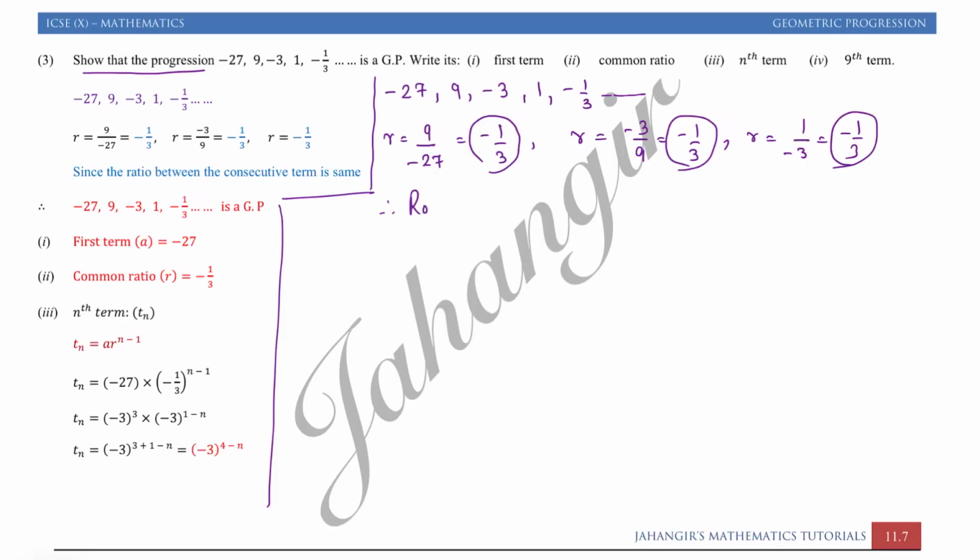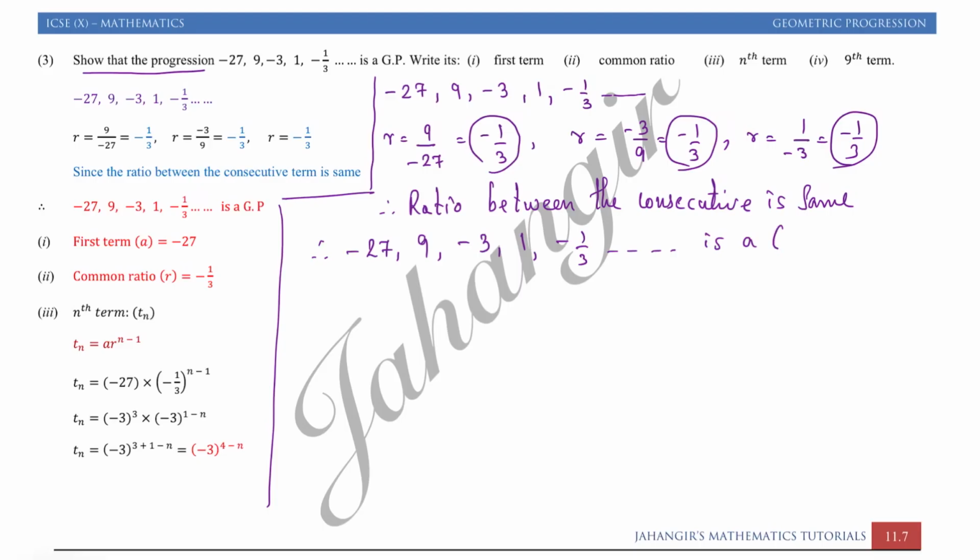So we will write, since the ratio between the consecutive terms is same, therefore I can say minus 27, 9, minus 3, 1, minus 1 by 3 is a GP. So therefore first question का answer is first term.